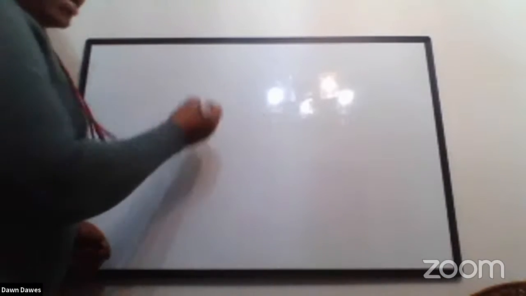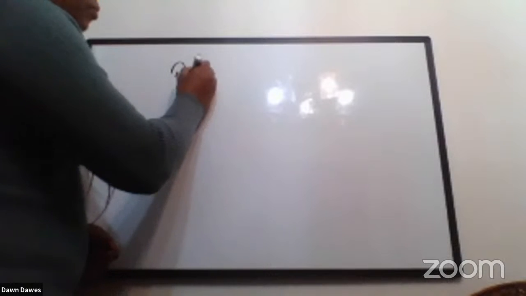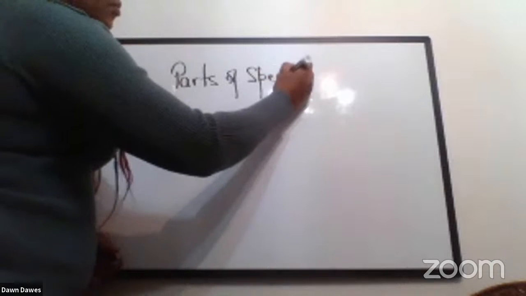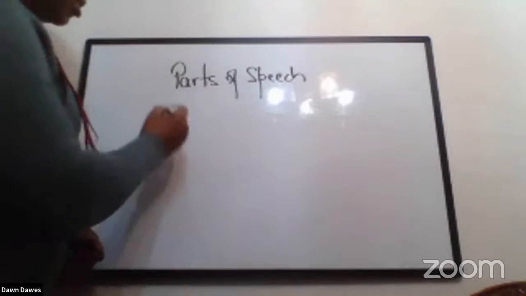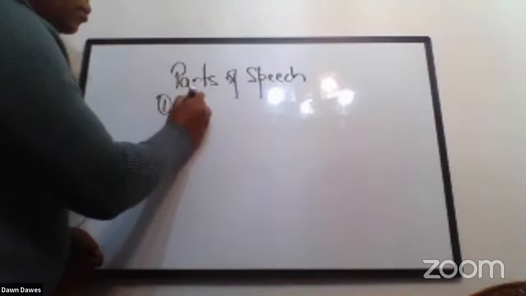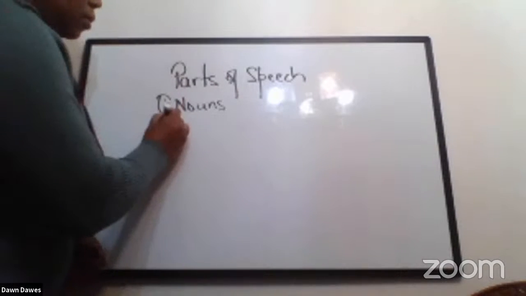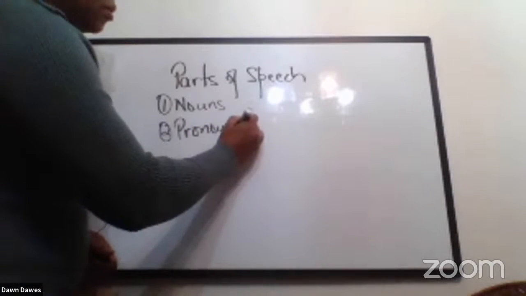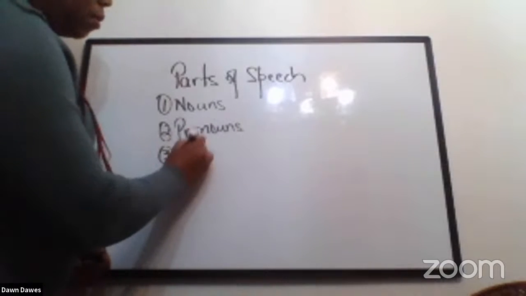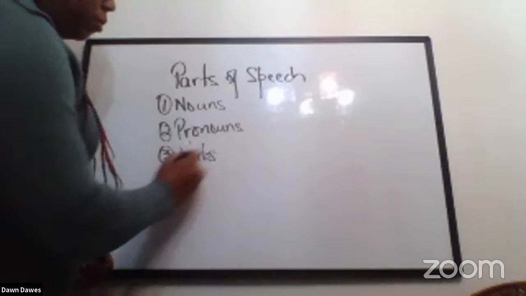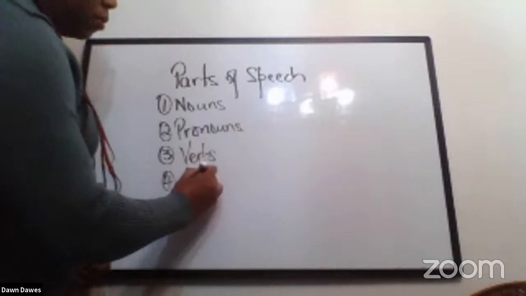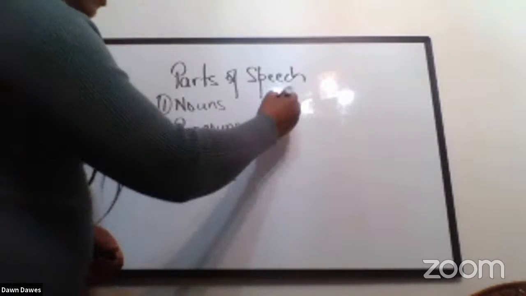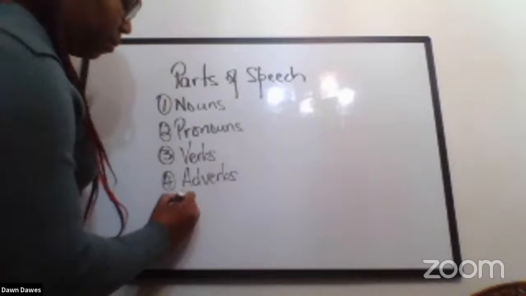Okay, so we are looking at parts of speech. And we said that the parts of speech are 1, nouns, 2, pronouns, 3, verbs, adverbs. Then I can put 5 here.